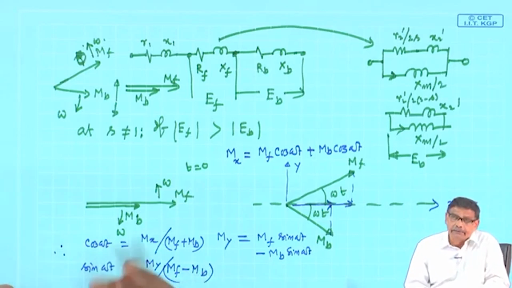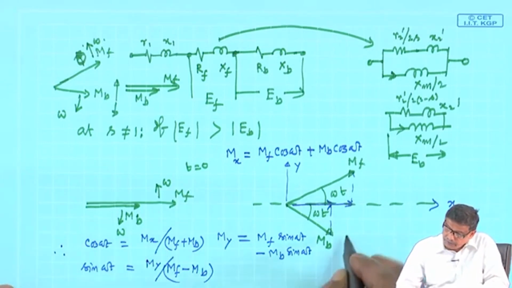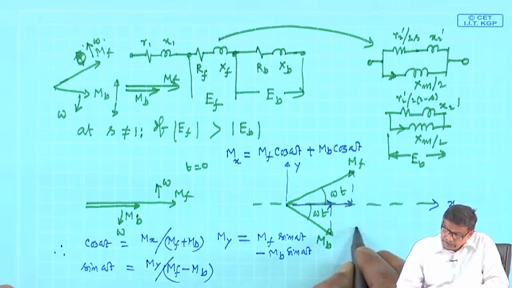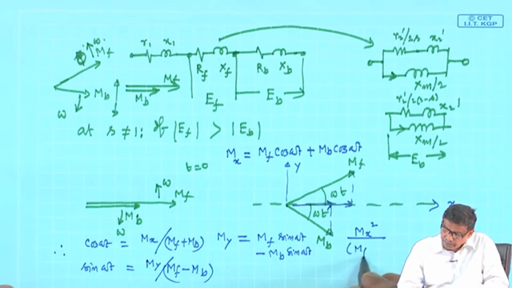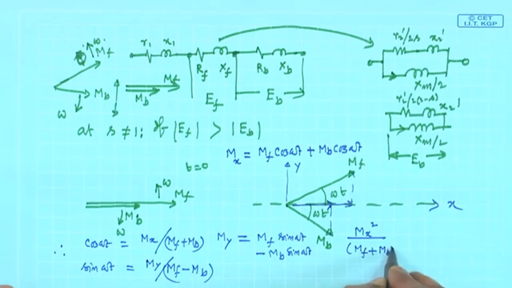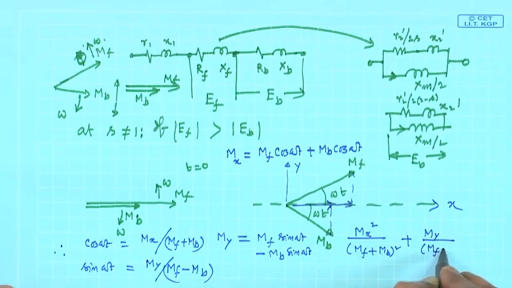So, eliminate time, square and add. Therefore, I will get Mx square by Mf plus Mb whole square plus My square by Mf minus Mb whole square. This must be equal to 1.